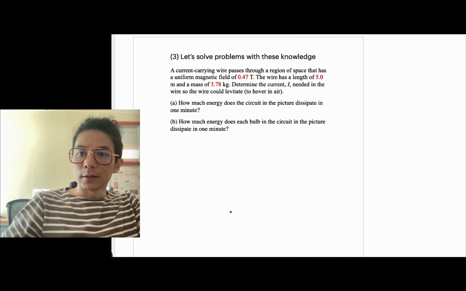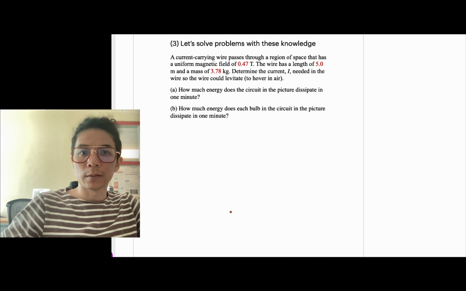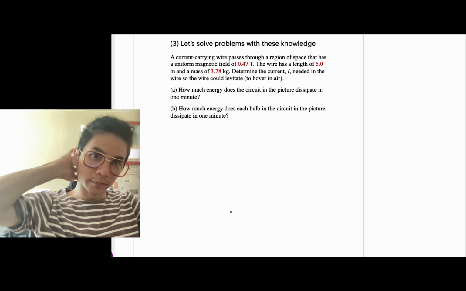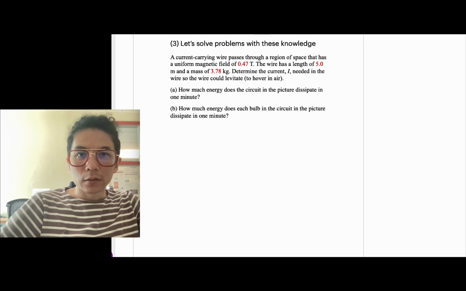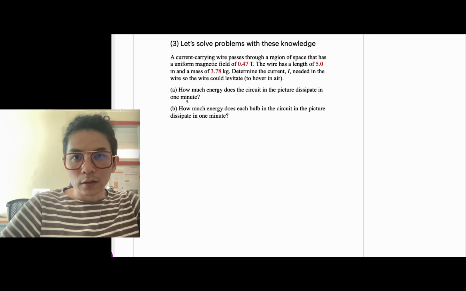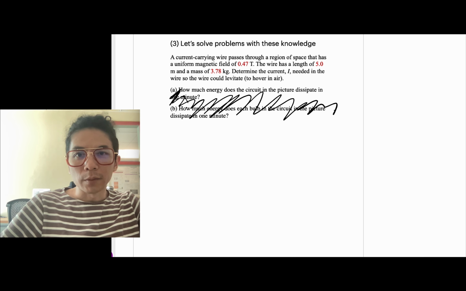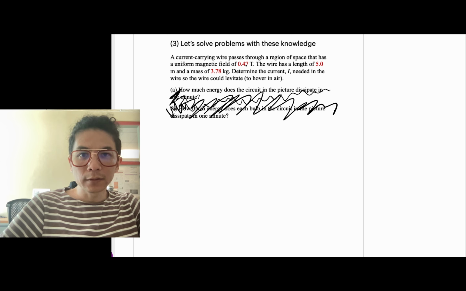Okay, let's try to solve a problem with the knowledge that you just learned. A current carrying wire passes through a region of space that has a uniform magnetic field of 0.47 Tesla.